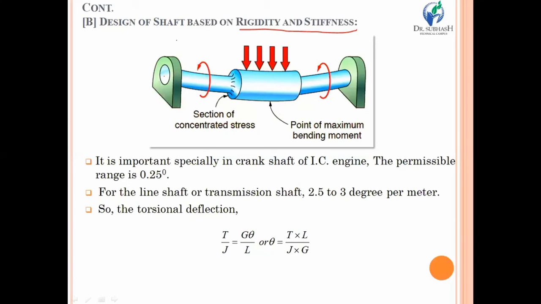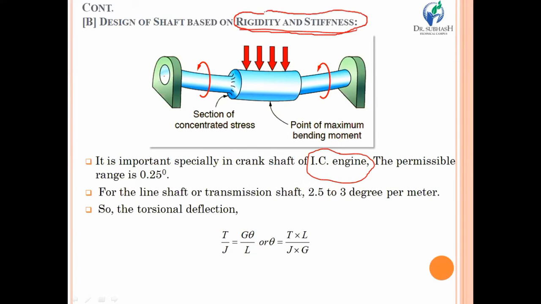This criteria is very important in the case of the crankshaft in an IC engine, because in an IC engine the crankshaft is subjected to fluctuating loading, and due to high torque and power transmission, after a few periodic cycles it may get deflected. So in the case of an IC engine, you should design your crankshaft based on rigidity and stiffness.